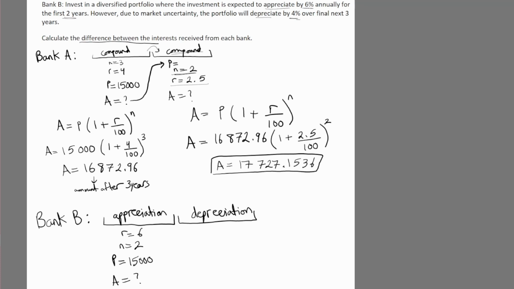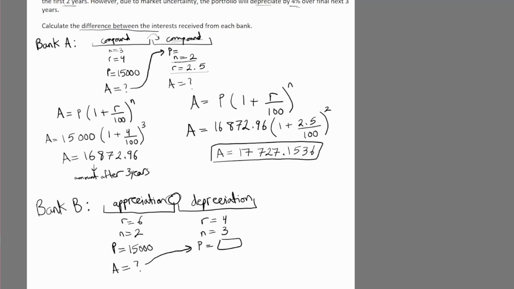Now, for the next 3 years, we will be depreciating by 4%. So r is equal to 4 and n is equal to 3. And the principal amount for this depreciation, it's the same thing. It's going to be the final amount from the appreciation scenario. Okay, this is the connecting point. And we want to find the final amount overall for the total 5 years. Let me just erase this.